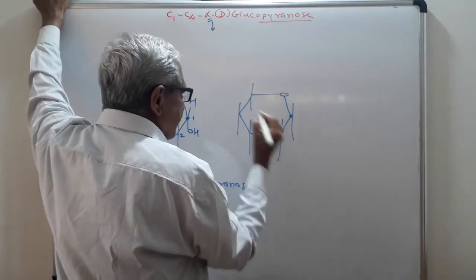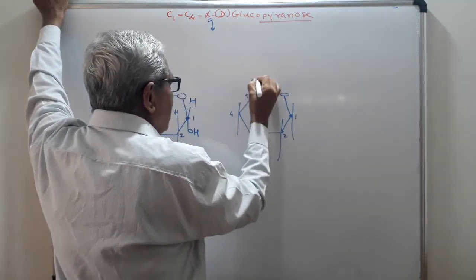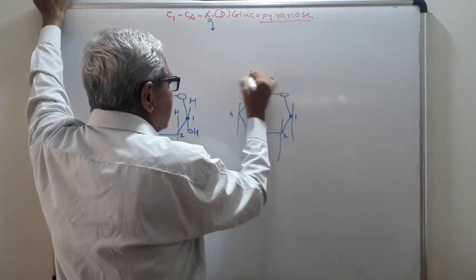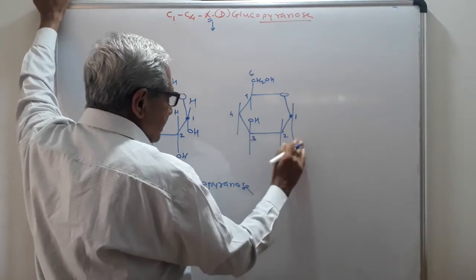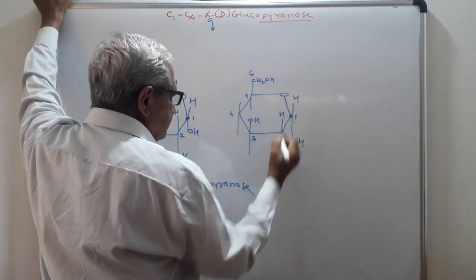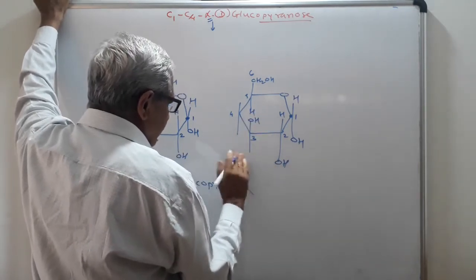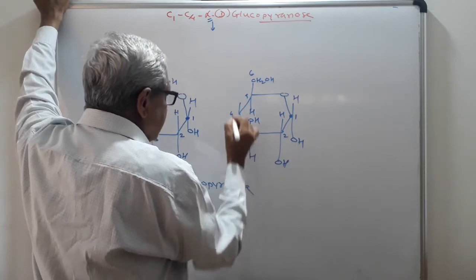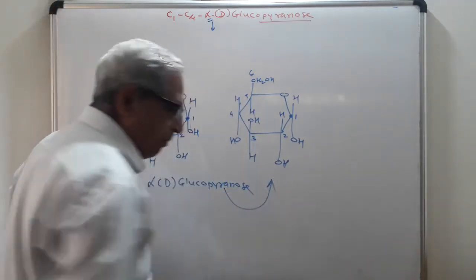You can also indicate carbon number 1, 2, 3, 4, 5, and CH2OH as the 6th carbon atom. Now inside there is alpha, therefore the OH group is below. So here H, OH, H, again here H, OH and H. These are the two structures of alpha D glucopyranose.